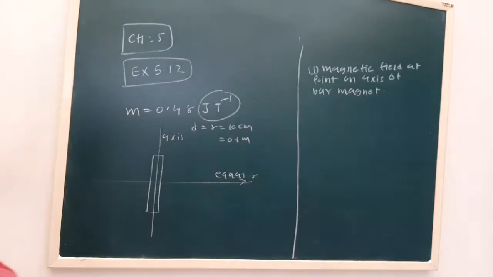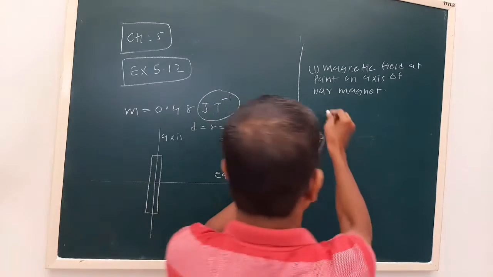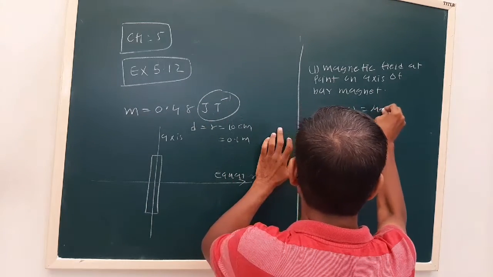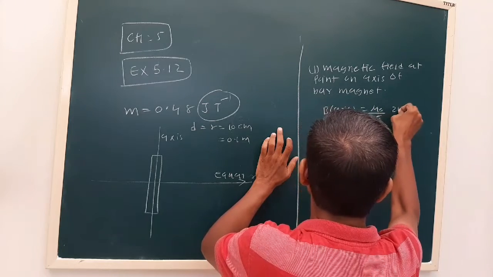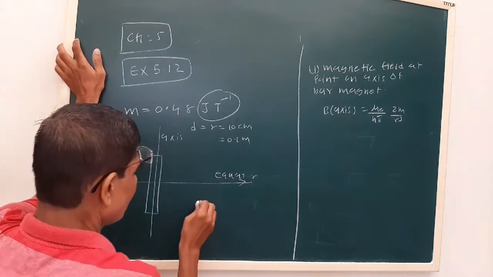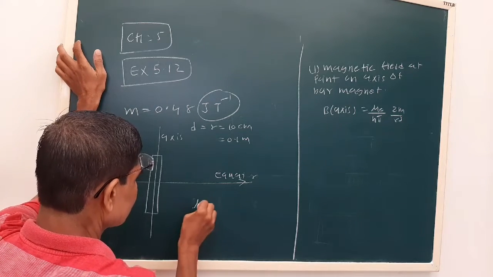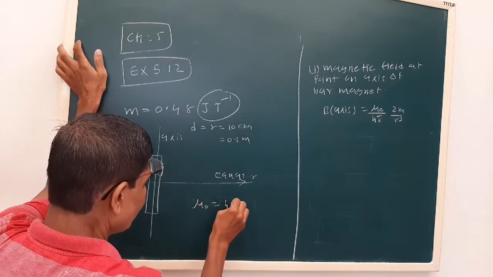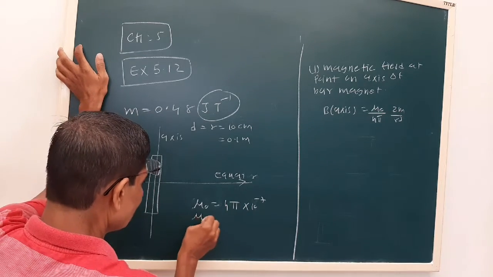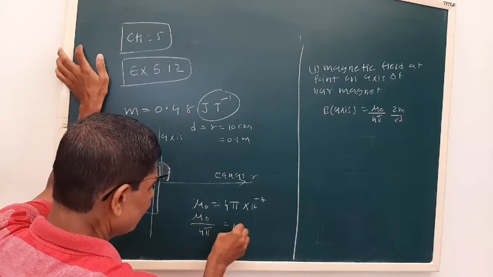Okay, now we know the equation: B axis is mu 0 upon 4 pi times 2M upon r cubed. Now we know that mu 0 is 4 pi into 10 to the minus 7 in MKS units, so mu 0 upon 4 pi will be 10 to the minus 7.